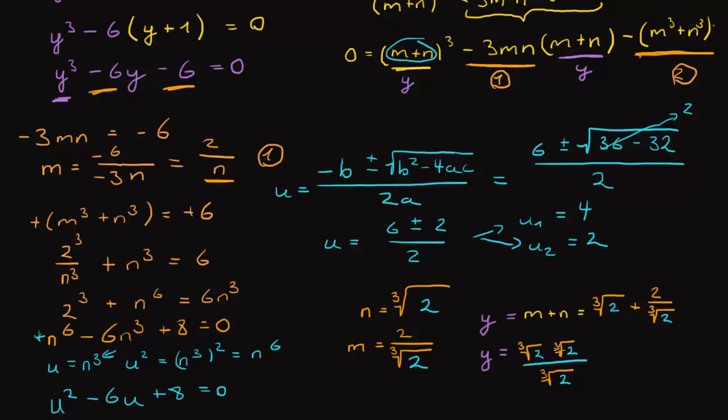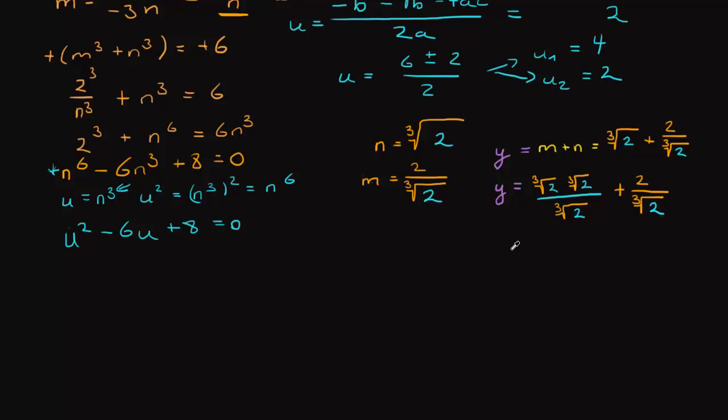We can do that, because the third square root of 2 over the third square root of 2 is just 1. So we can multiply by 1 anytime we want, because it doesn't change the value of our statement, right? So plus 2 over the third square root of 2.